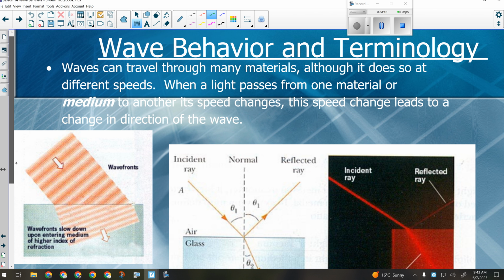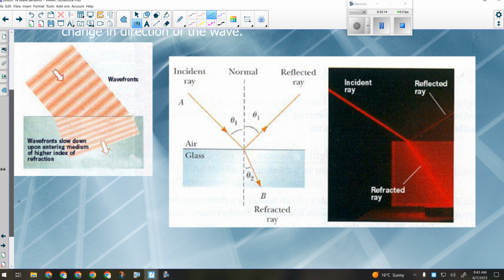So in these diagrams here, what we're showing is the nature of that happening, and this is what we call refraction. In refraction, the waves are coming in at an angle other than 90 degrees. If they come in at 90 degrees, they just go in and reflect.